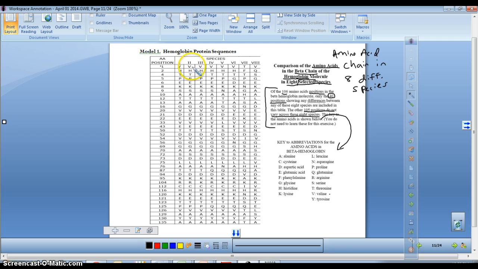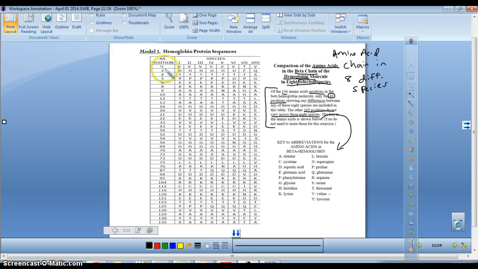Species 2 has valine in position 1. Species 3 has valine in position 1. Species 4, species 5, species 6 all have valine in their position 1. Species 7 has threonine in position 1. And species 8 has valine in position 1. So all these species are related or have the same amino acid sequence except for this species here, species 7.